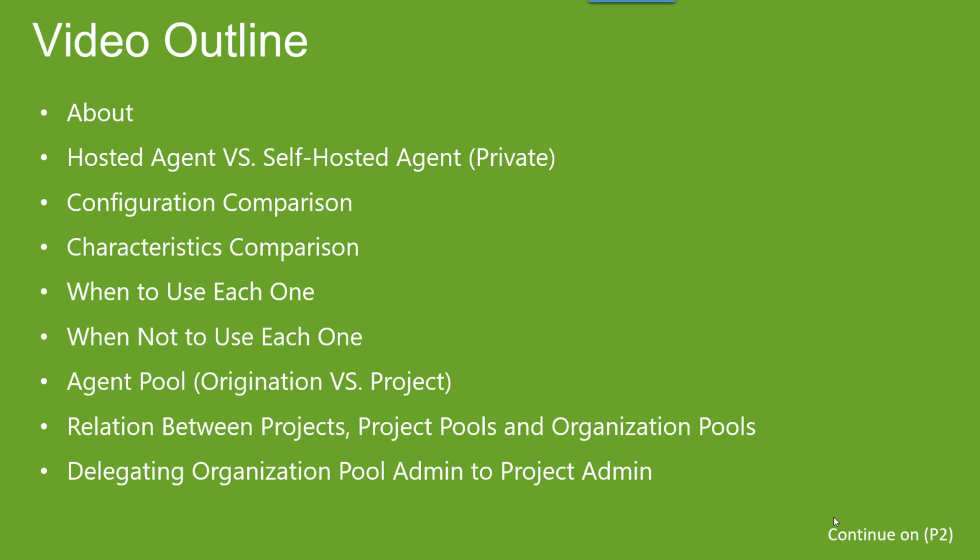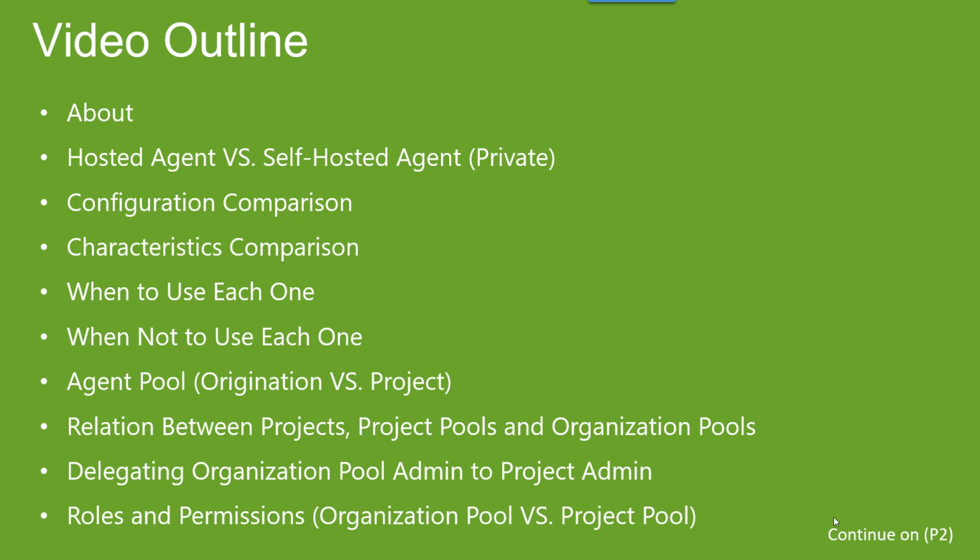So for example, if you have an organization administrator and you don't want to give the organization administrator role to the project admin so they can configure and manage the build pool, how do we delegate this permission to the project admin without delegating the organization admin? After that, we will understand the roles and permissions of the organization pool vs the project pool, so we can see what is the difference between the permissions on both levels.